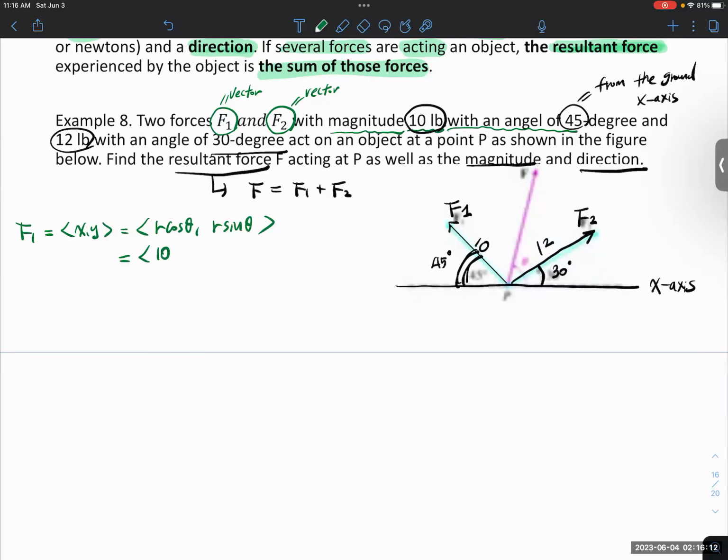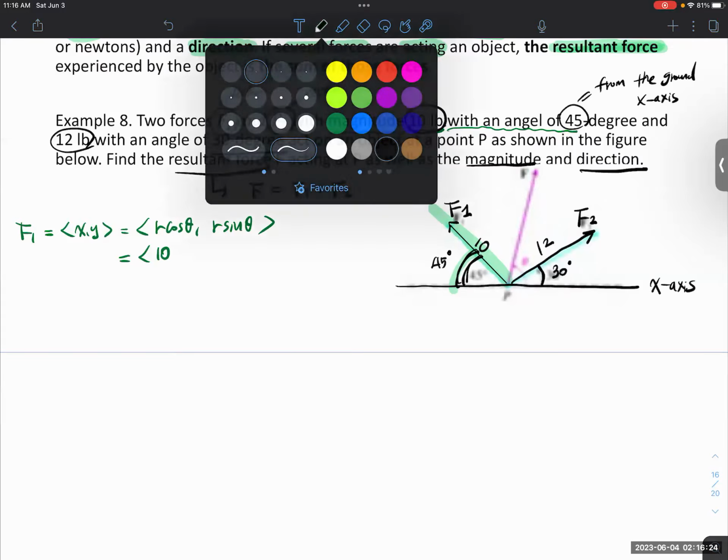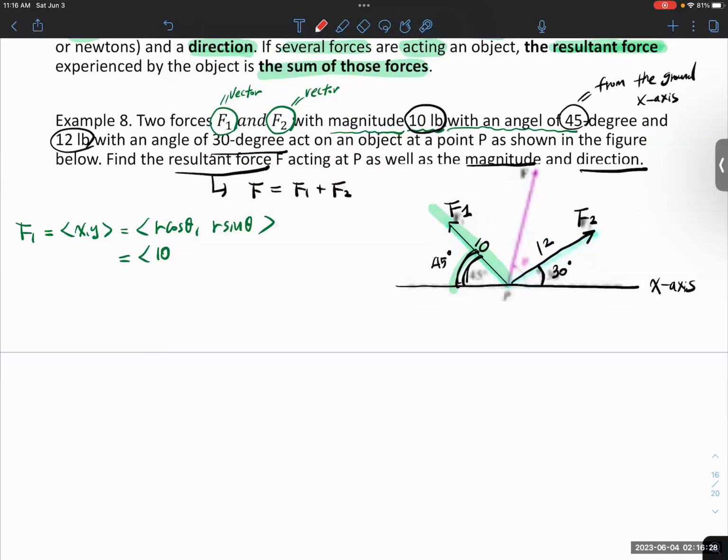And then be careful, you are not just using 45 degrees. For this location, this means you are going to start from the beginning. I'm going to use a red color. So 45, this location is the same as 45. Think about it: this 45, you begin from here to there.